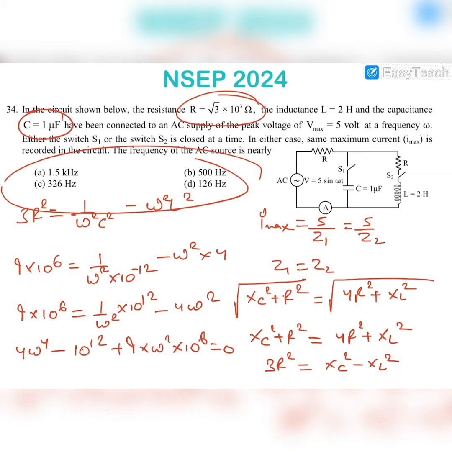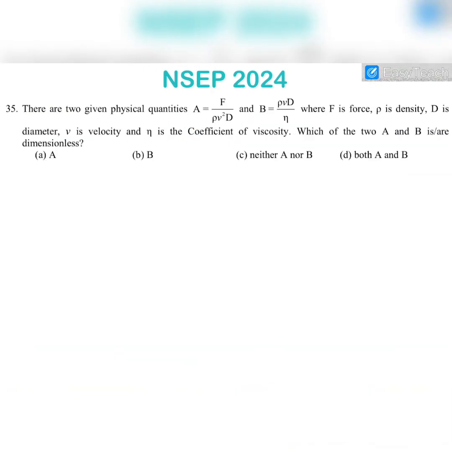So now we move on to the next question. In this question, you can see that there are two physical quantities, A, which is equal to F upon rho V square D, and B, which is equal to rho Vd by eta, where F is force, rho is density, D is diameter, V is velocity, and eta is coefficient of viscosity.